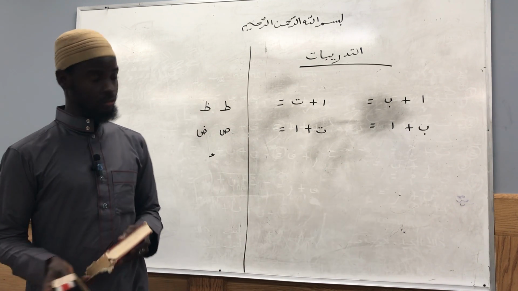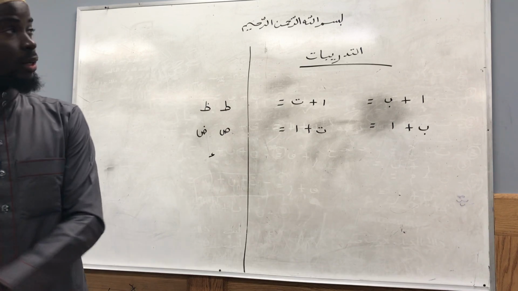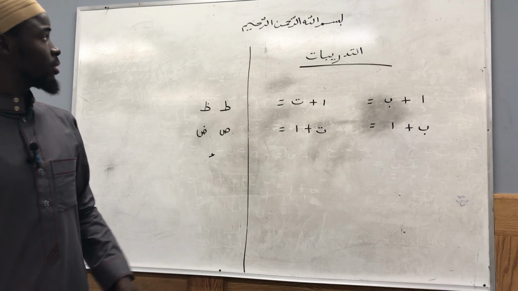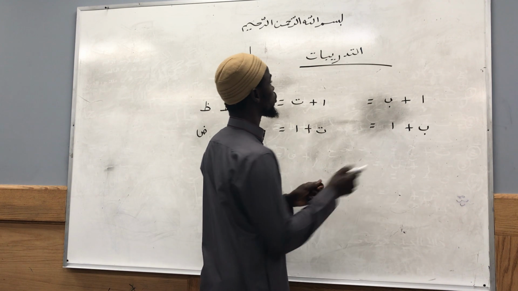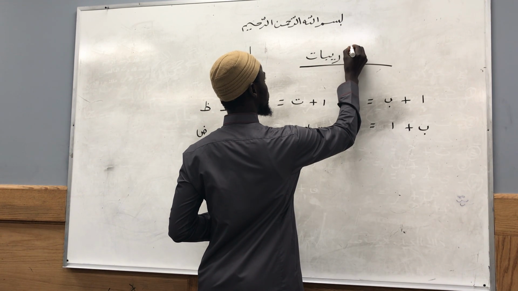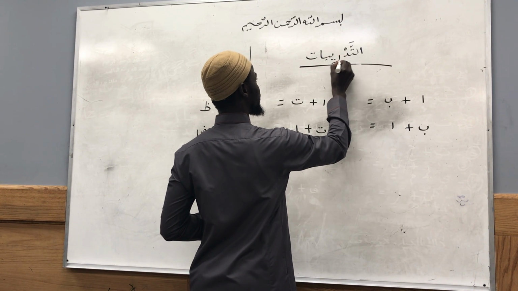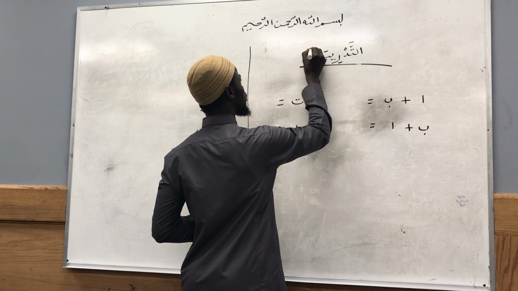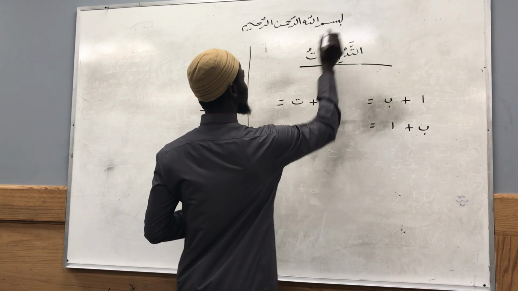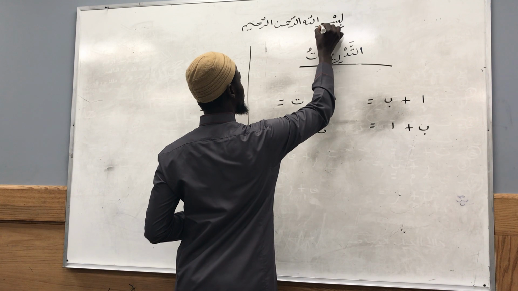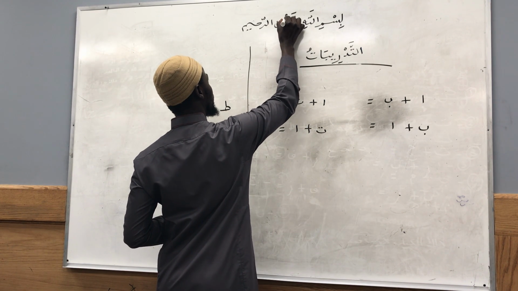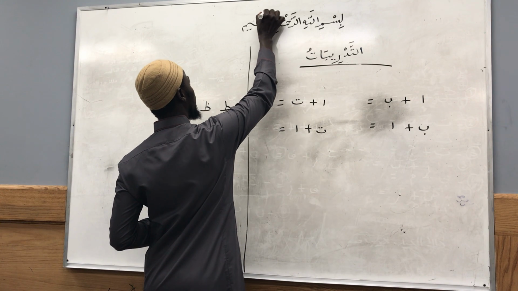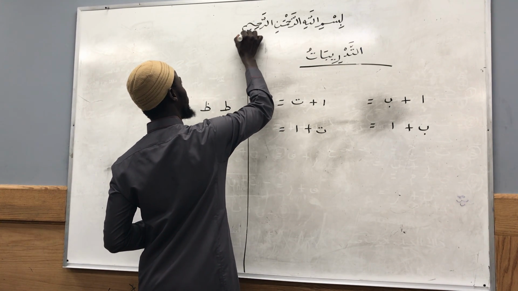For example, I'm going to give you an example from what is on the board. As you can see, we said this is at-tadribatu. And let's say Bismillahi ar-Rahmani ar-Rahimi.